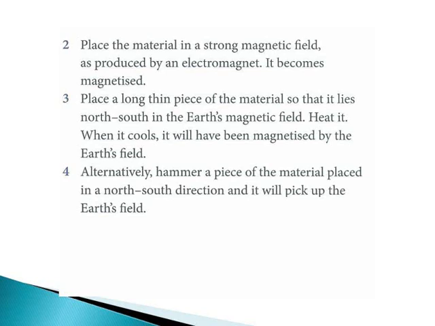It will become magnetized by the Earth's field. The last one is hammering a piece of material placed in the north-south direction. If you put a material in the north-south direction and hammer it, it will pick up the Earth's field.